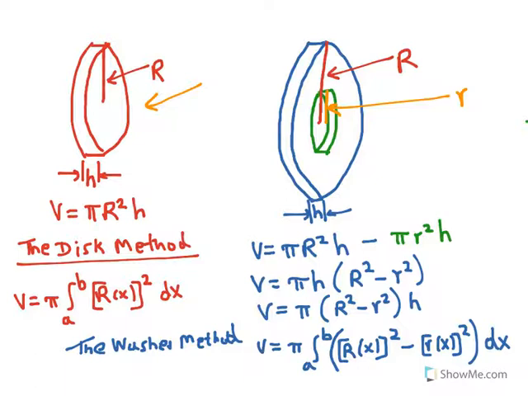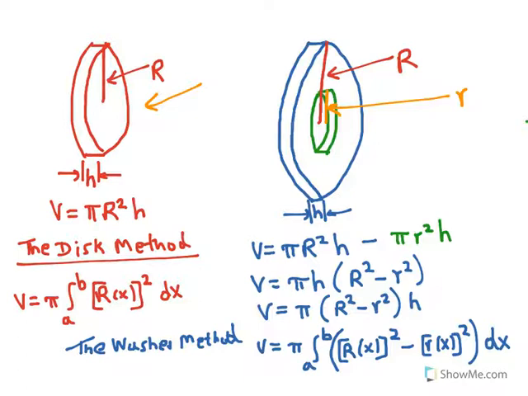We began by approximating the volume of our region by using several disks to approximate our solid, found the volume of each cylinder or each disk, added the volumes of the individual disks, and we got a Riemann sum.